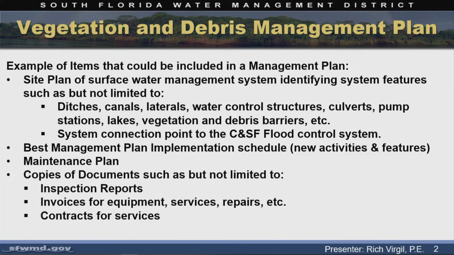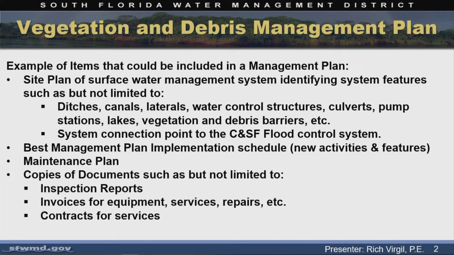So an existing site plan or map of your facility, most likely the drainage infrastructure, identifying ditches, canals, laterals, water control structures, culverts, pump stations, lakes, and then location of vegetation barriers and control systems that you may have in place to prevent those discharges.